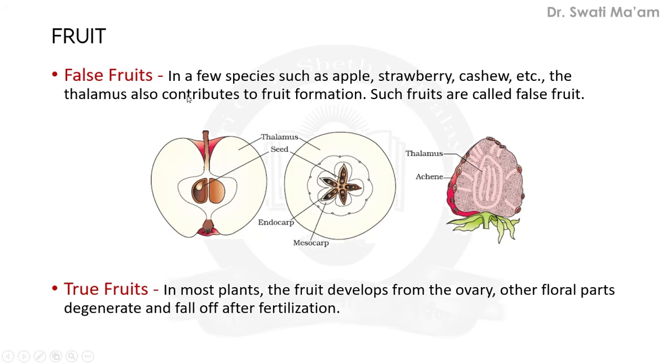This is the best example, which we learn in apple. You can see in the picture this part shows the seed, and the white part which we consume as food, as fruit, is the thalamus, which is the edible part.